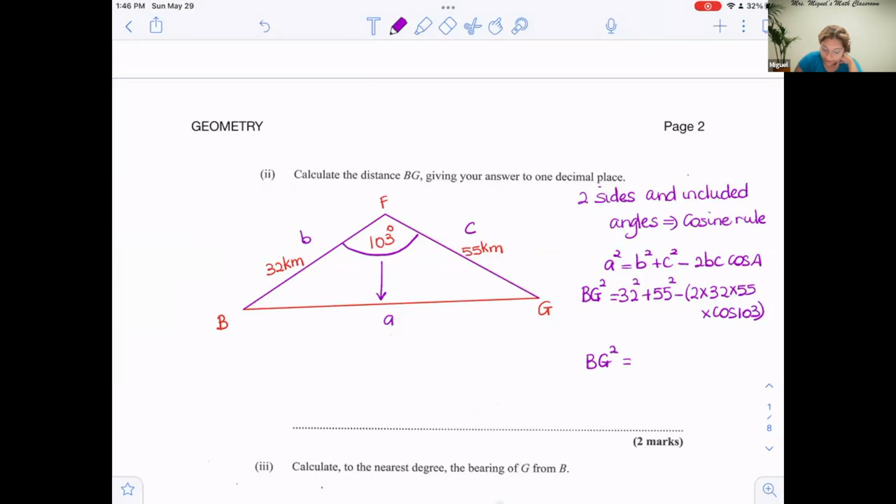Use the brackets for this part, please. The 2 open bracket, use the brackets for that.